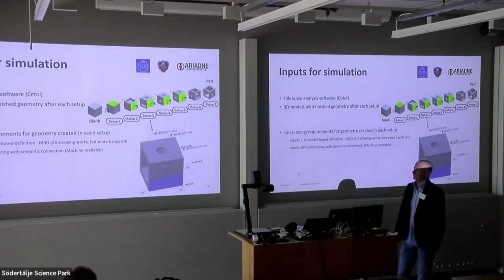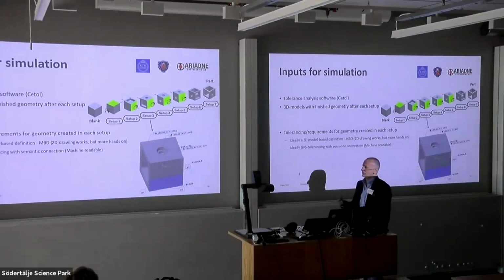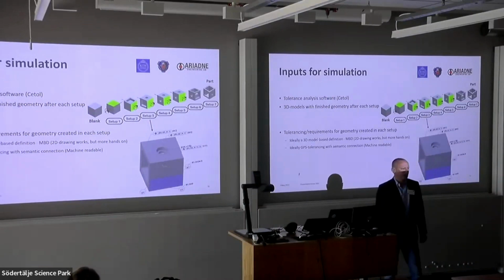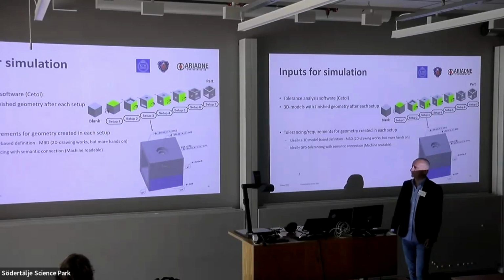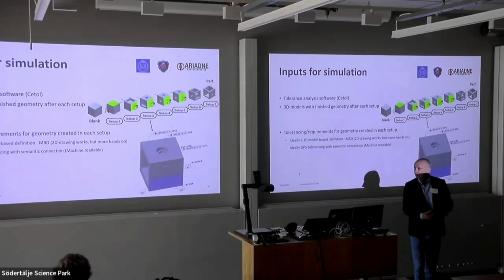And then, of course, we need tolerances on part level. And usually, when you do this kind of analysis, tolerances are equivalent to your design specification. But in this case, it was reflecting the capability of your manufacturing equipment.